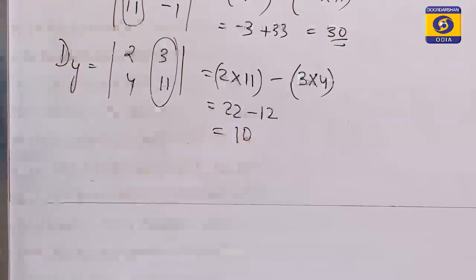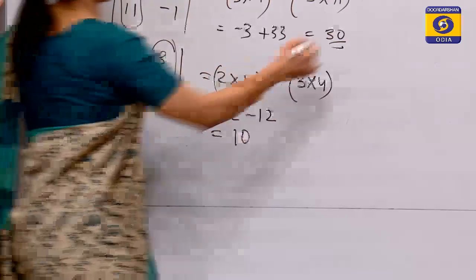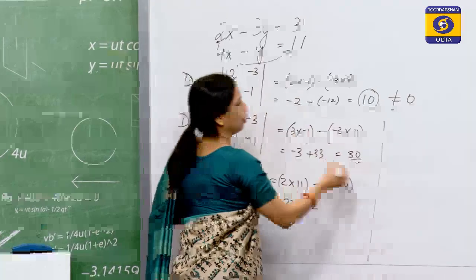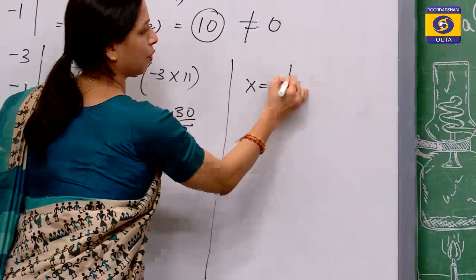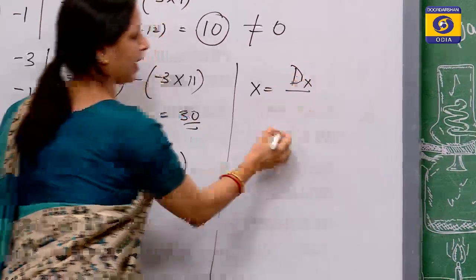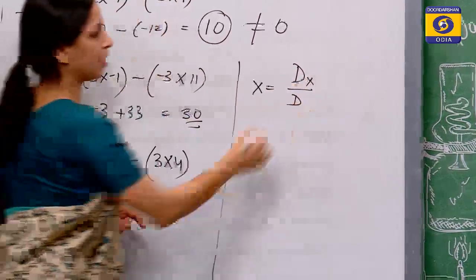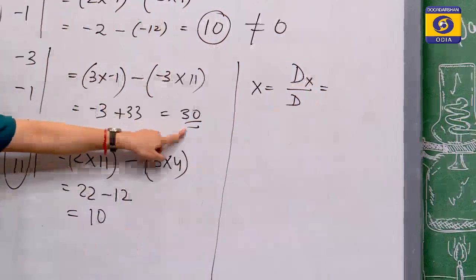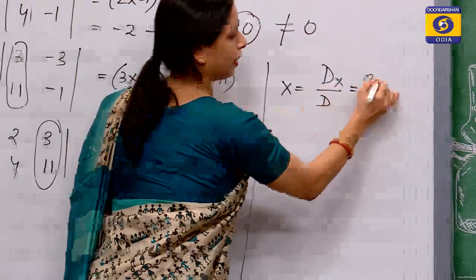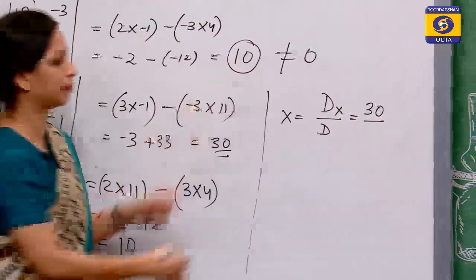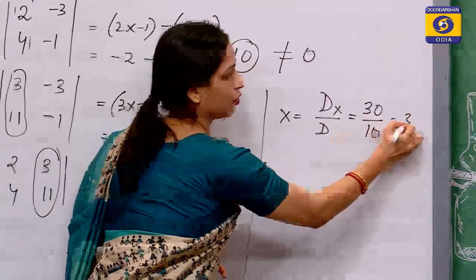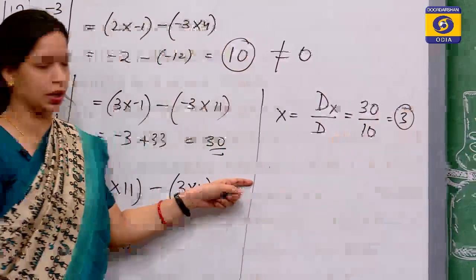Now, we have to find the values of x and y. The next step is, to find the value of x, we divide Dx by D. The value of Dx is 30, and the determinant value is 10. So, we get 3. So, x equals 3.